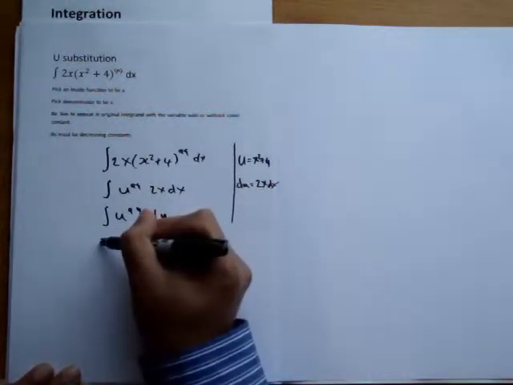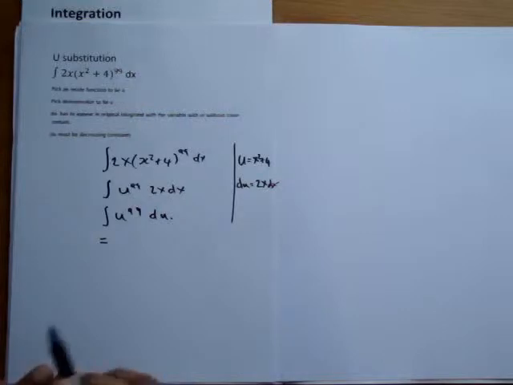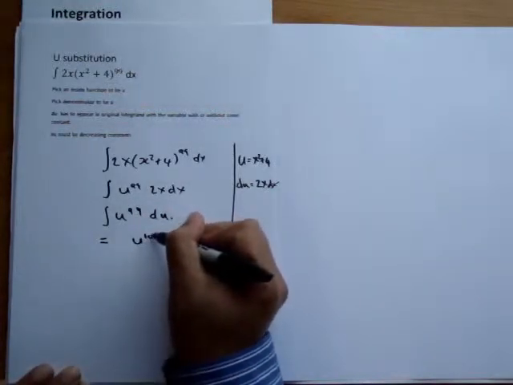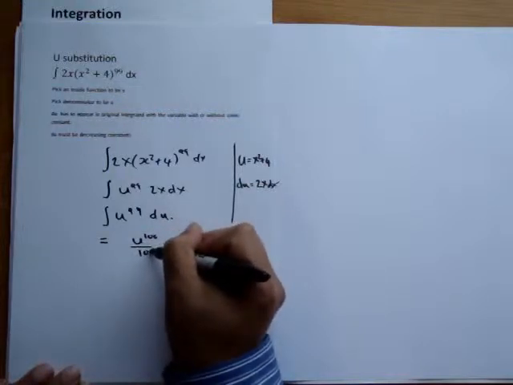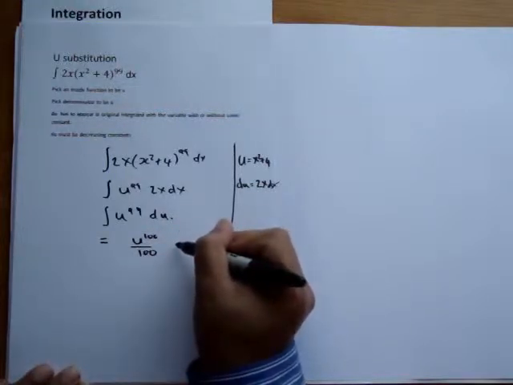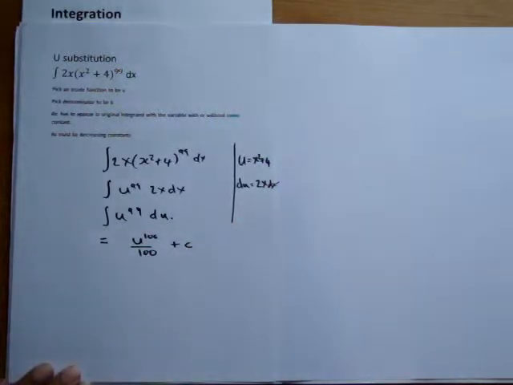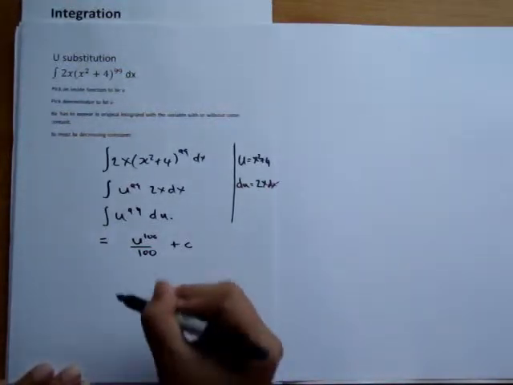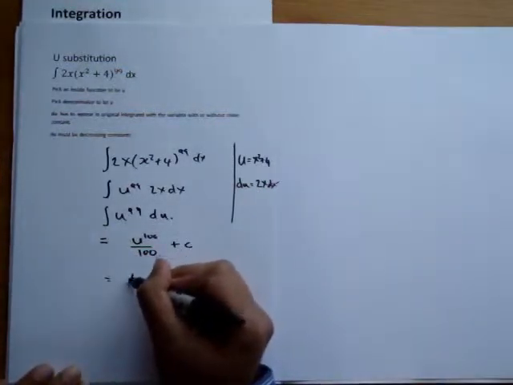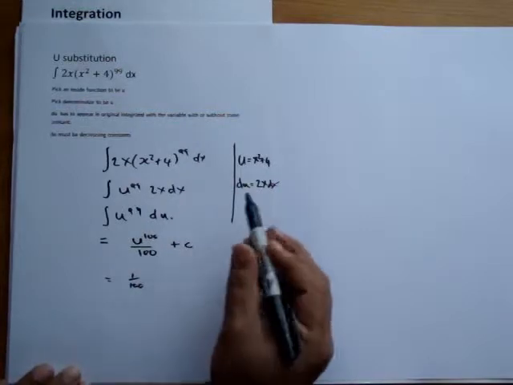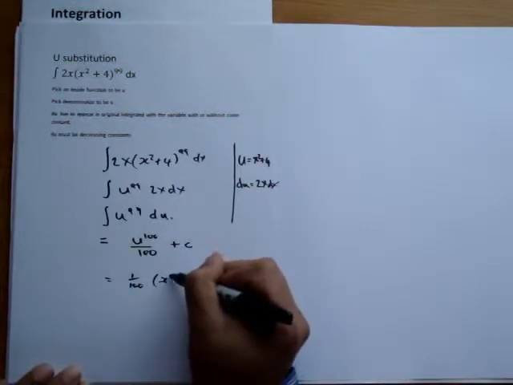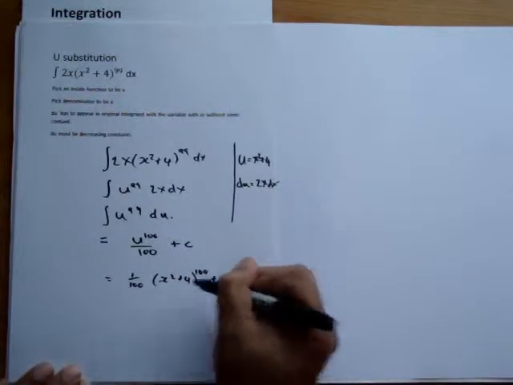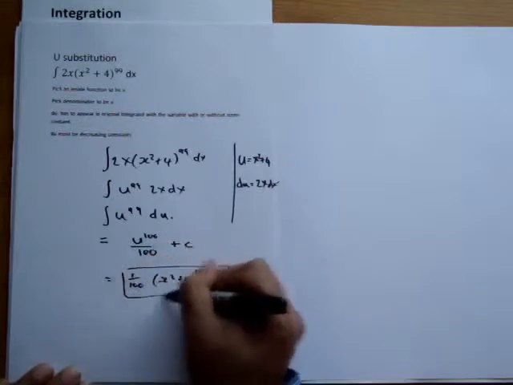And then when we integrate using our rules of integration, 99 plus 1 is 100, so that's u to the 100 over 100 plus c. The last step, we replace the u with the x's, and we get 1 over 100 (x squared plus 4) to the power 100 plus c. And that is our answer.